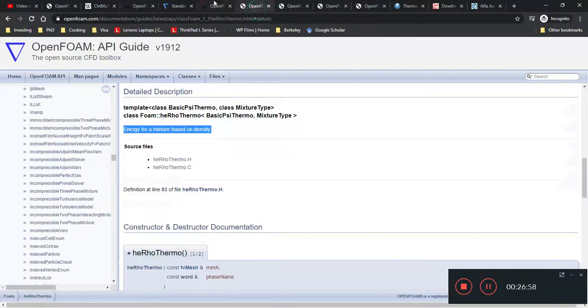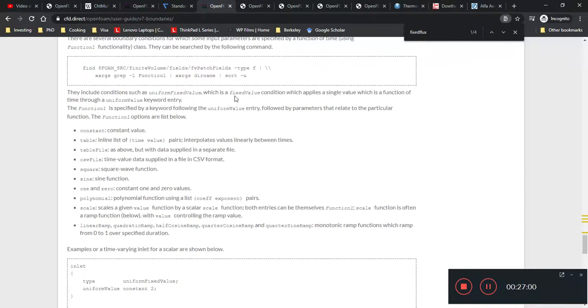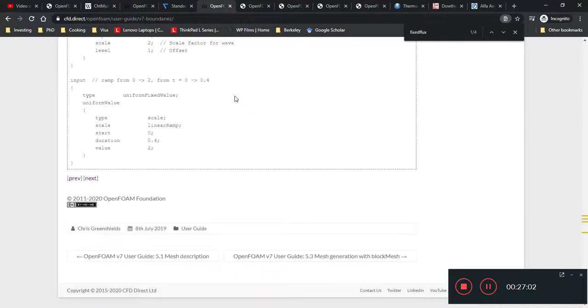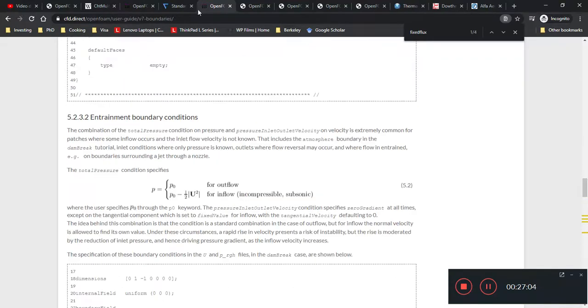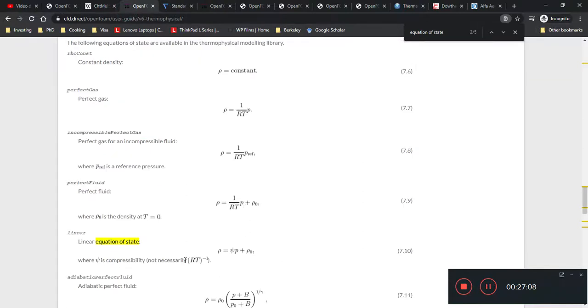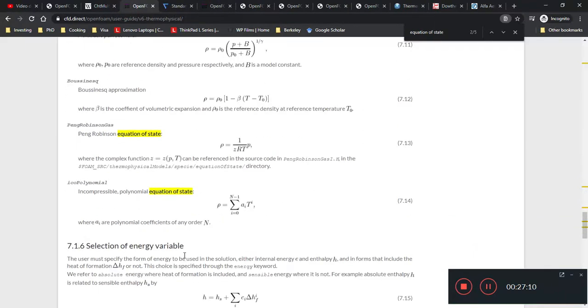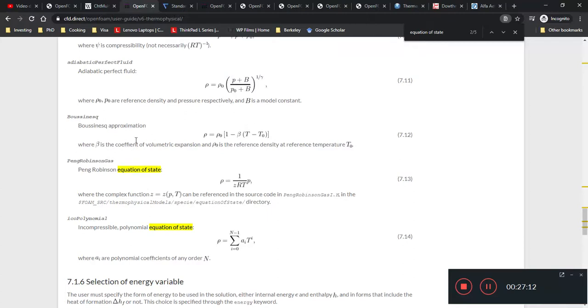So if you can see, yes, the Boussinesq approximation is here. So this is how the density will change. It's for defining density.